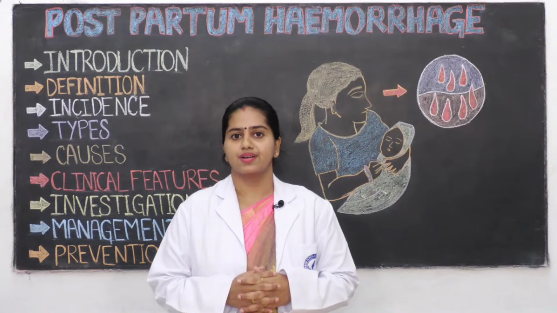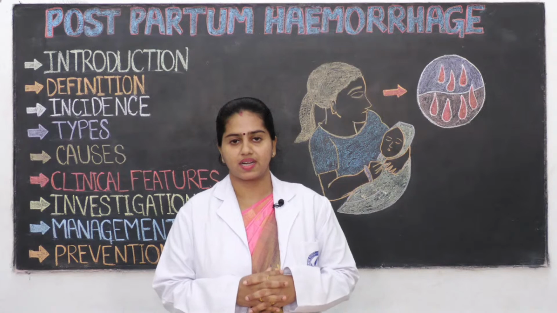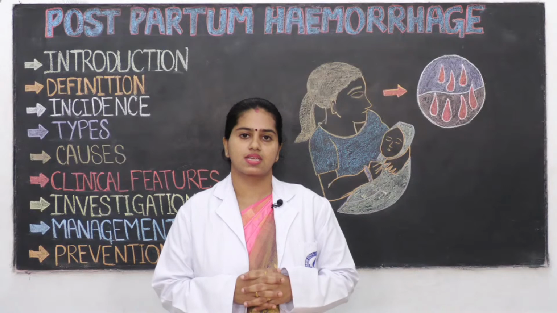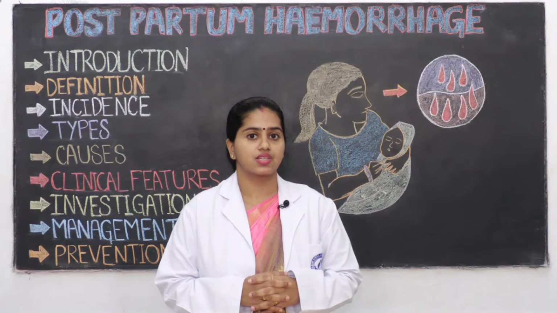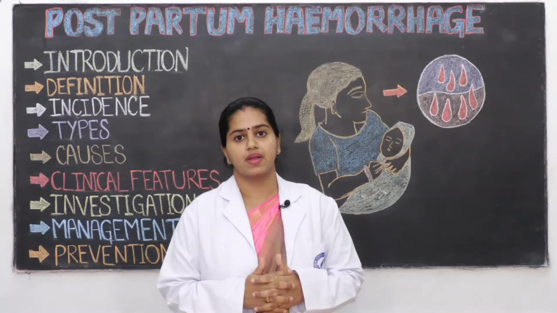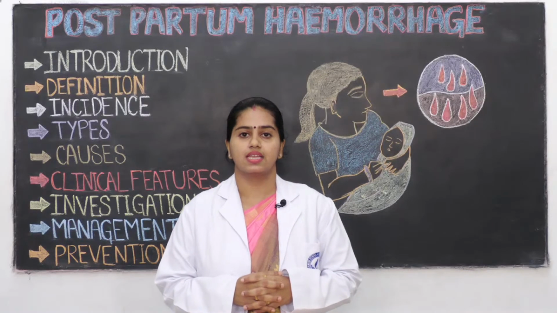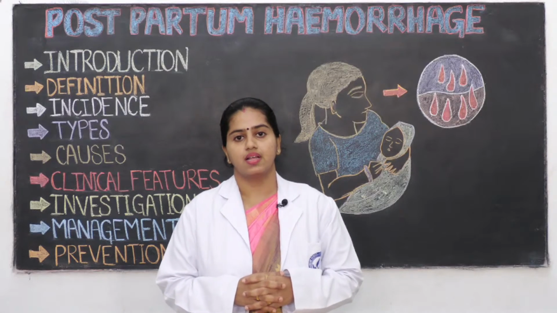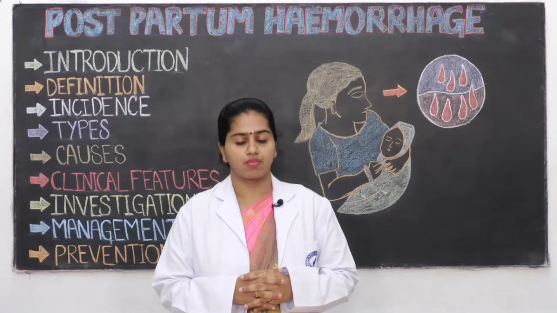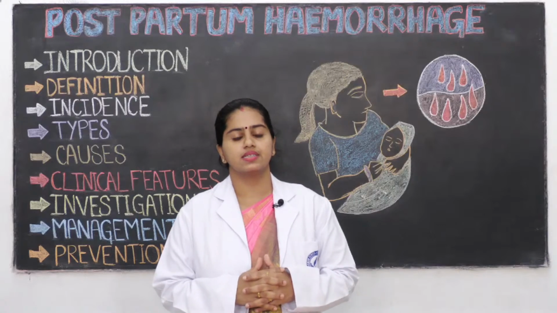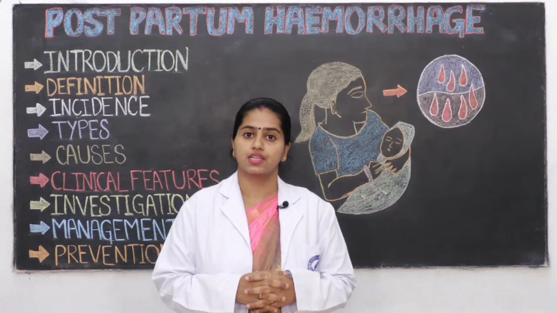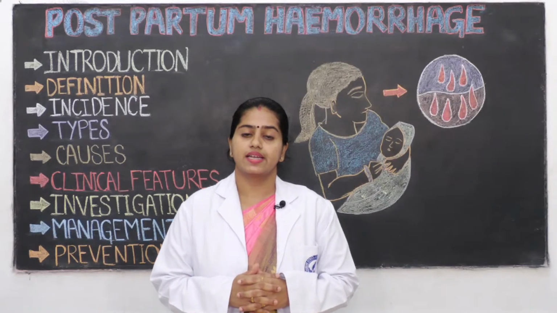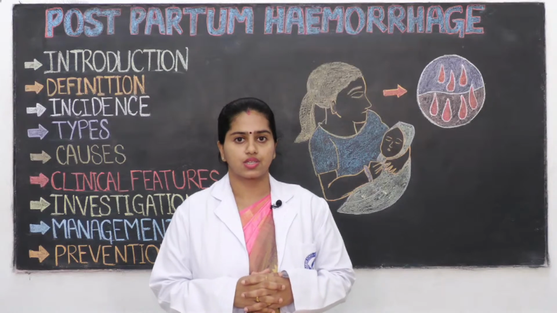So I hope today you have understood about postpartum hemorrhage. As a summary, today we have seen one of the obstetrical emergency conditions, a third stage complication, known as postpartum hemorrhage. Postpartum hemorrhage is any bleeding from the genital tract of more than 500 ml during normal vaginal delivery, or at any time within the puerperium, that is 6 weeks after the delivery, that deleteriously affects the general condition of the woman.